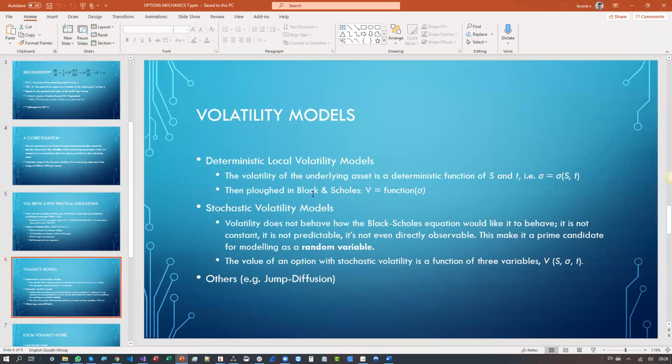This word stochastic has absolutely nothing to do with the stochastic indicator you can find on any technical analysis software. Stochastic means a random variable. So basically, you assume that volatility itself will follow a statistical function. We call it a random variable.